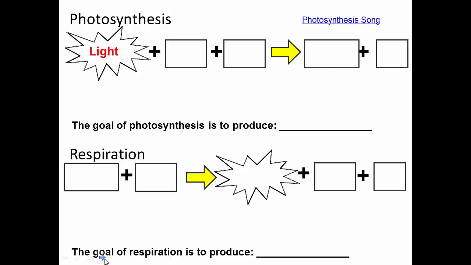And then they need two other things, two molecules, two compounds, in order for photosynthesis to be able to happen. What is one of them, Bailey? Water. Water. And the other one? Really? Carbon dioxide. Those are the two compounds that plants need for photosynthesis.